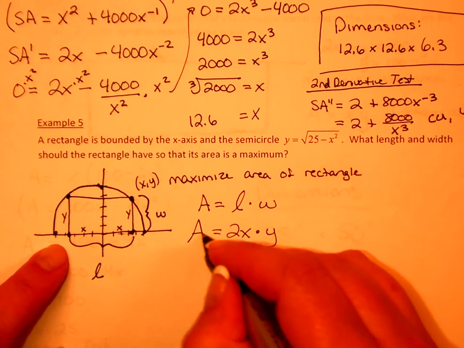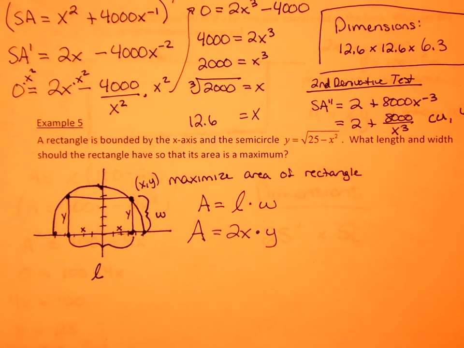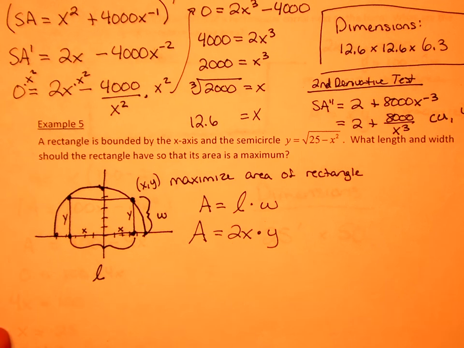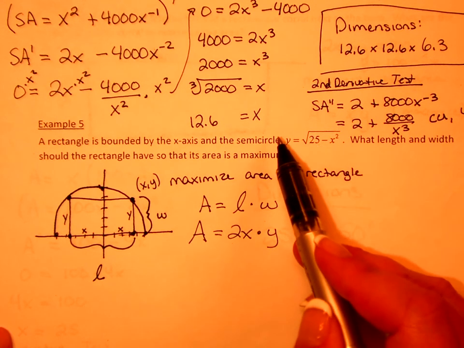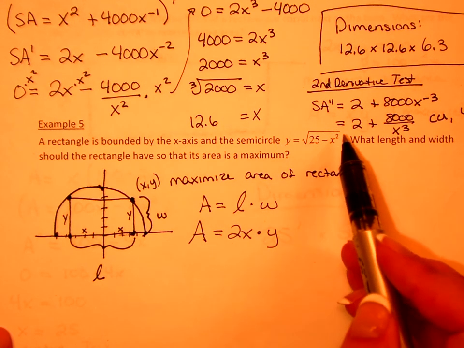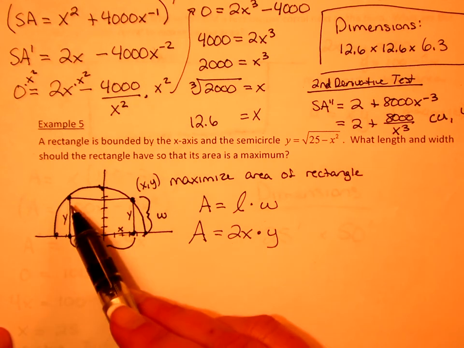Right? So here I have the area equation 2xy. So before I can optimize this, I need to get rid of either the x or the y. I need another equation that we can use to eliminate one of these variables. That other equation is right here. These 2 points are on that semicircle.